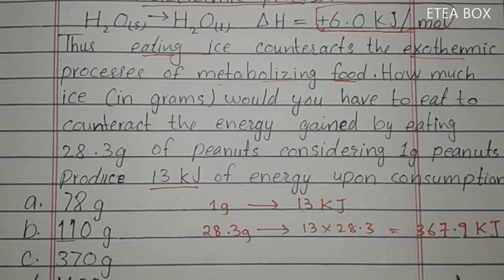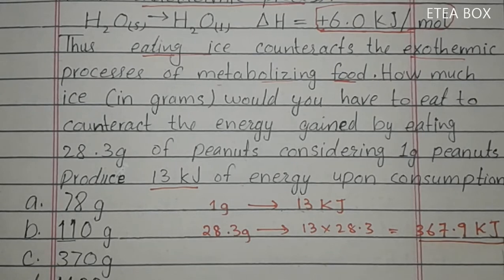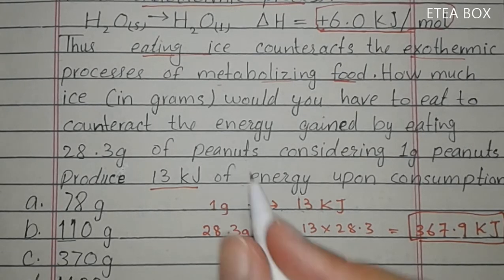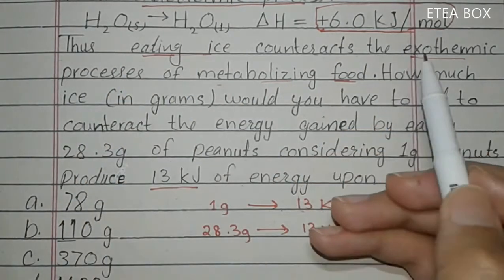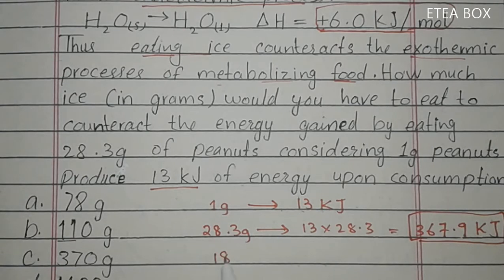Now how much ice will be needed to absorb this amount of heat energy? Now look at here. 18 gram needs 6 kilojoule per mole energy.